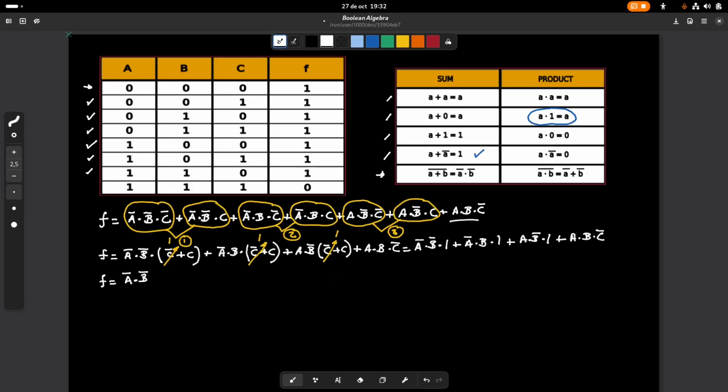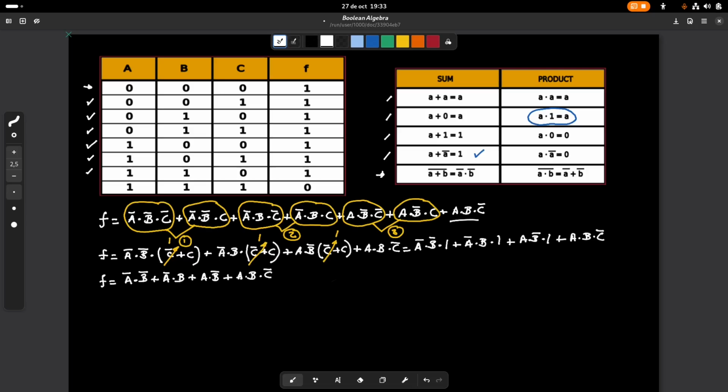So I get this factor, or A negated and B, or A and B negated, or A and B and C negated.